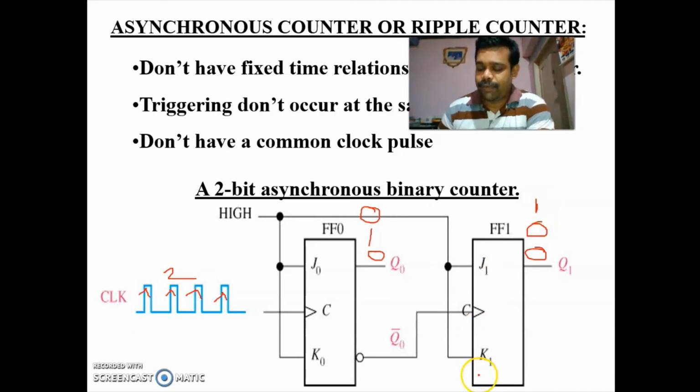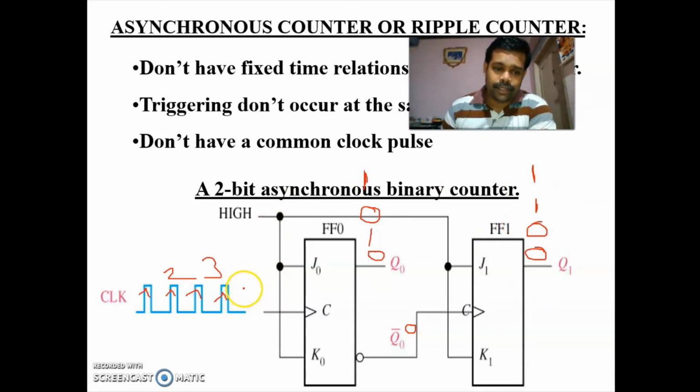So this is a JK flip flop, and both the inputs are made high. So for every clock pulse, it will toggle. Next, during the third clock pulse, this 0 will change to 1. But at that time, the value what we're having here is 0. So the same output will be coming in flip flop 1.